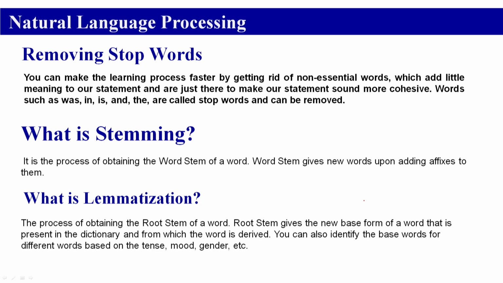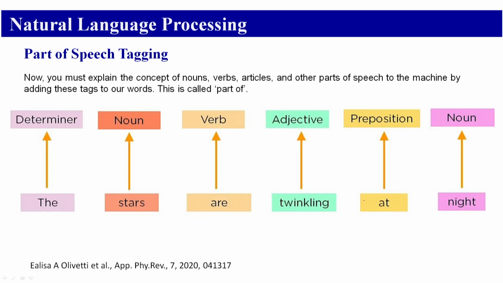You can also identify the base words for different words based on tense, mood or gender. A word can carry different meanings in different sentences. How do you do that? We have to go back to the root word or root stem of the word and then find out the meaning of that word. That is called lemmatization. These are extra steps, remember, stemming and this one are connected, but they are extra steps compared to the 3 steps I talked about earlier.